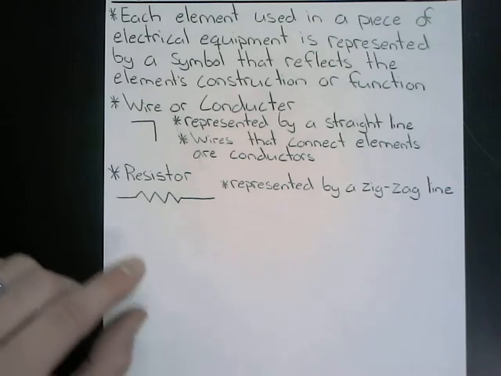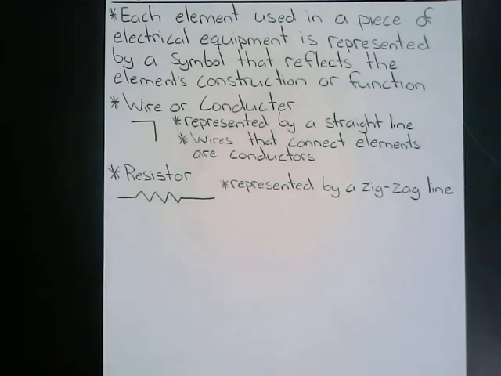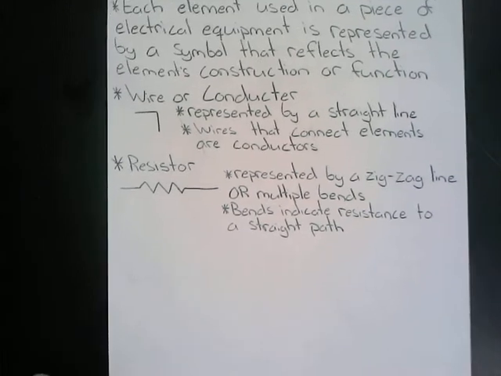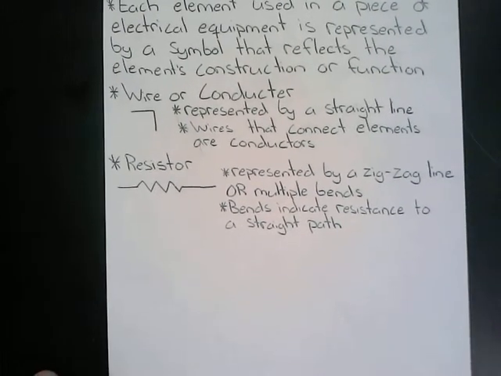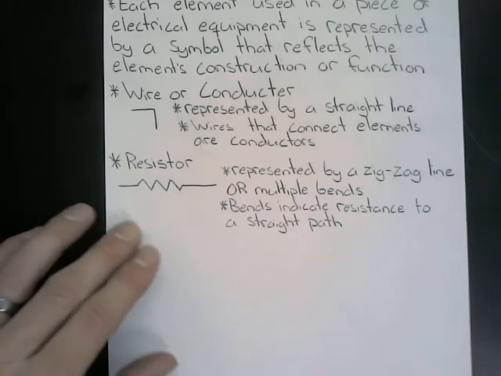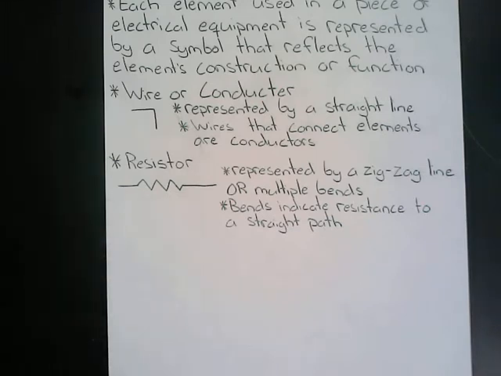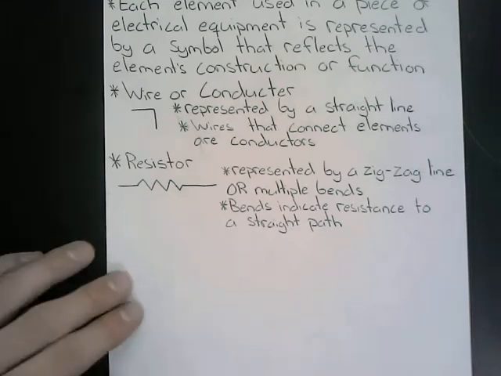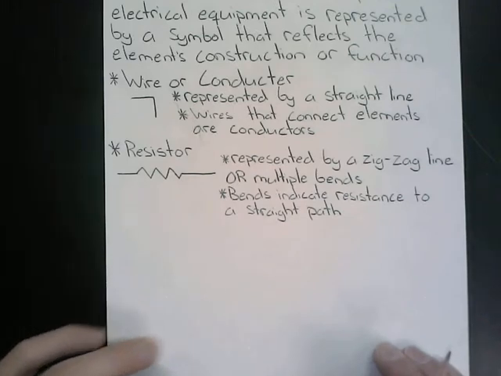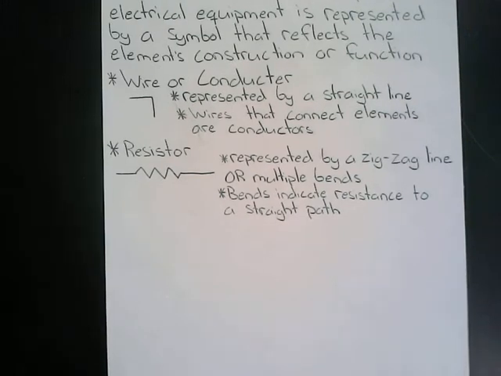Now, some people may refer to these zigzag lines as bends or multiple bends, and the bends indicate resistance in a straight path. So again, the bends are going to represent the resistance of a straight line path of a conductor.